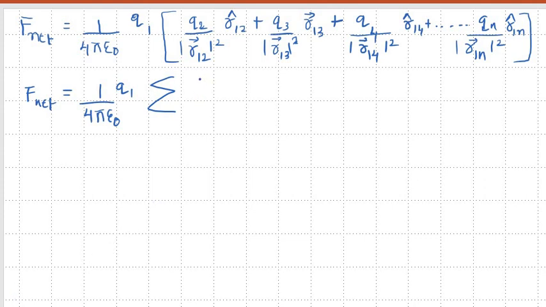So sigma, and since there are numbers like Q2, Q3, Q4, Qn, I'm going to write this as Qi, and here since the first term is remaining the same in the R12 and R12 cap vector, the first one, I'm going to write this as R cap 1, then same number is repeating over here, 2, 2, 3, 3, so here i, correct, and the same vector is appearing in the denominator, R1i vector mod whole square.